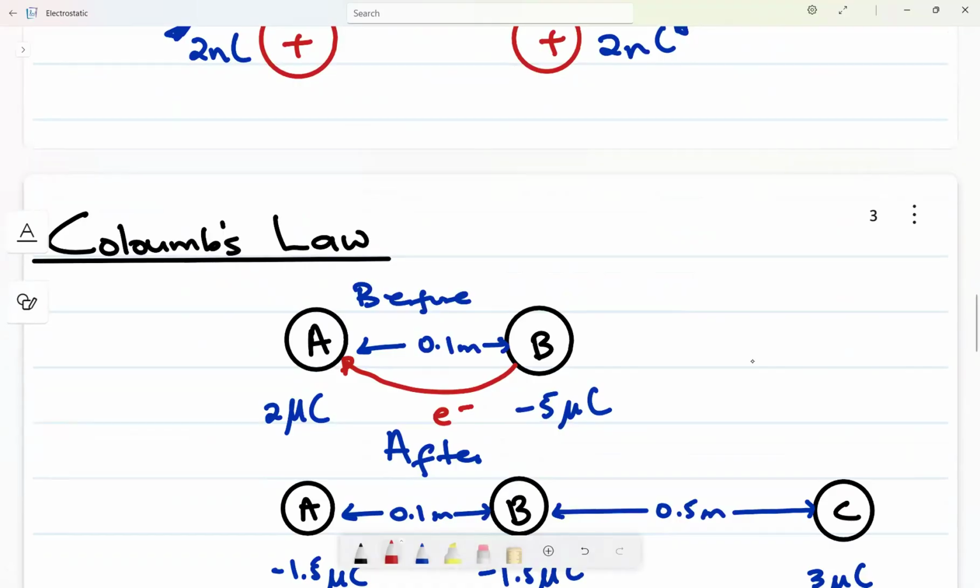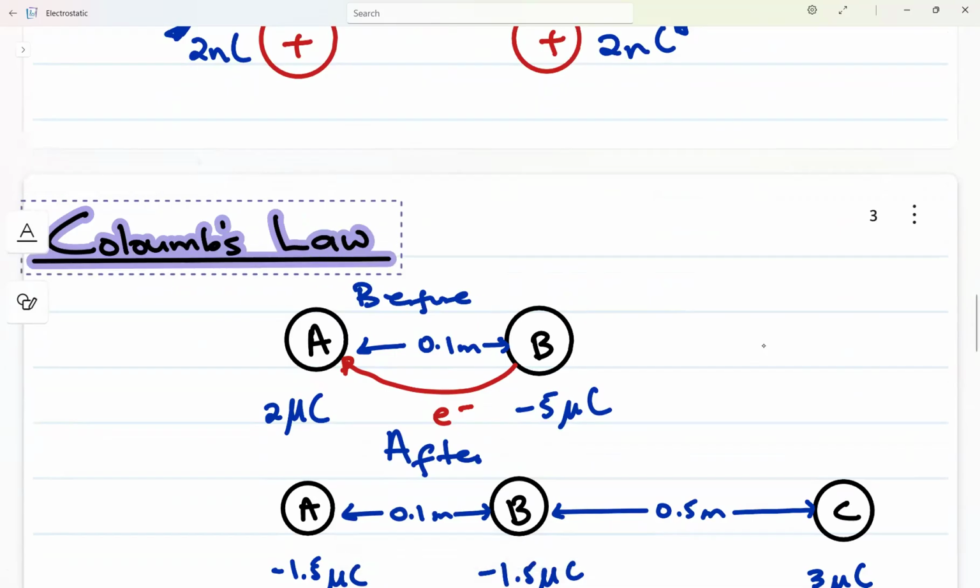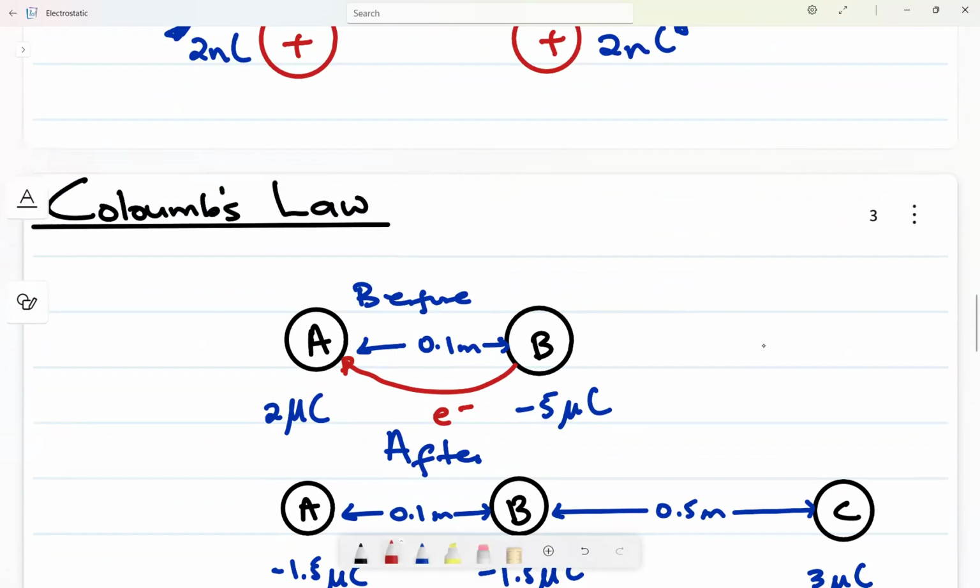What does Coulomb's law say? Where can I write it? Let me take this one upwards a little bit.